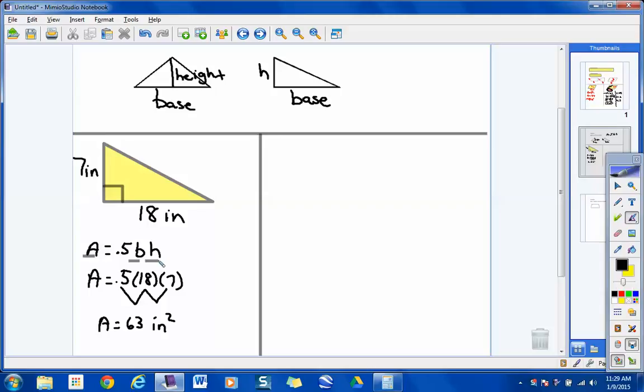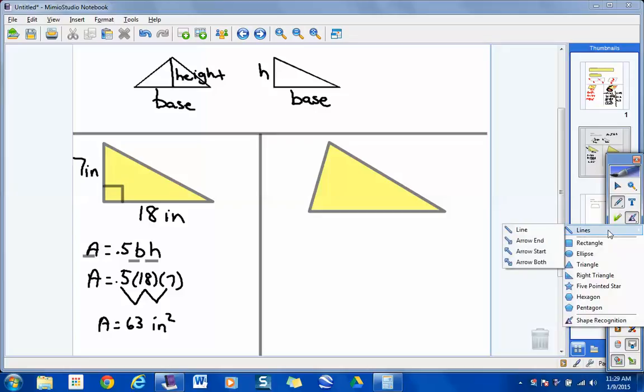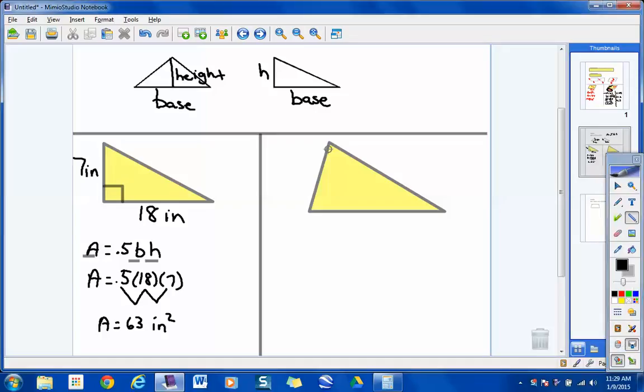Okay. Let's draw another triangle here quickly. Very similar to the one we just had. I'm going to put a height right in here.